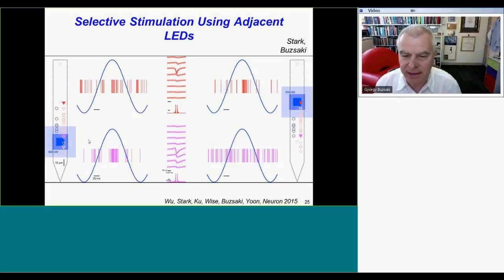The important thing is that every single neuron that we are activating with light will be recorded simultaneously. And you heard me before that the goal is to do this all in freely moving animals, and everything that we do in the laboratory is performed in a freely moving animal.